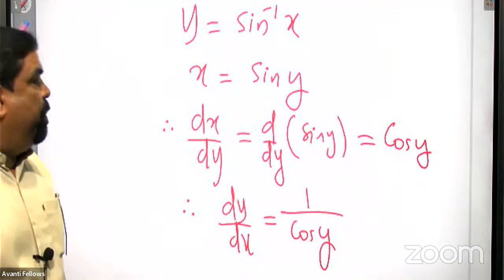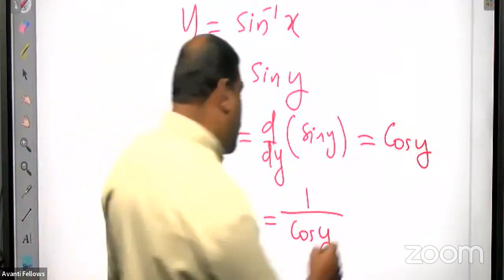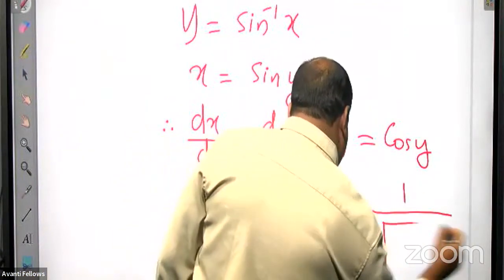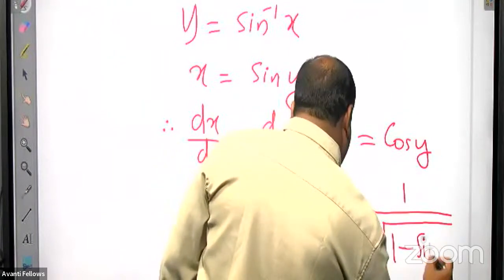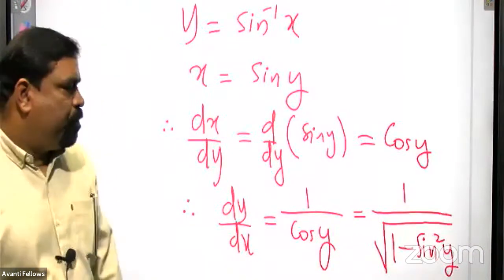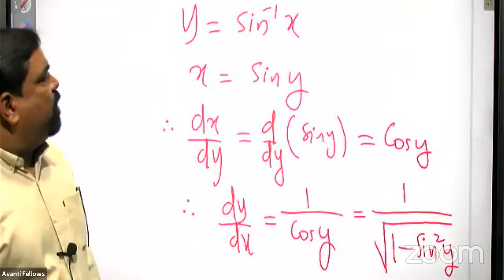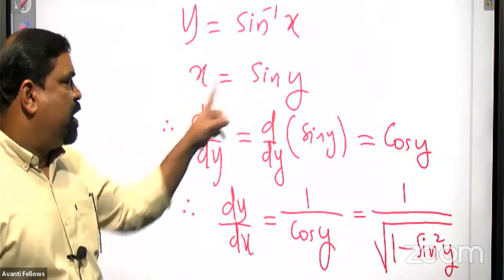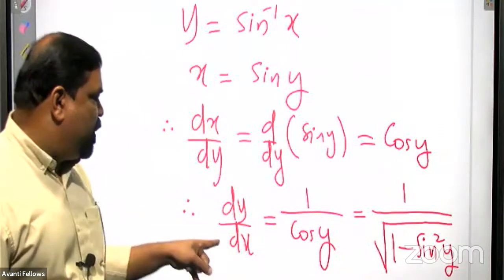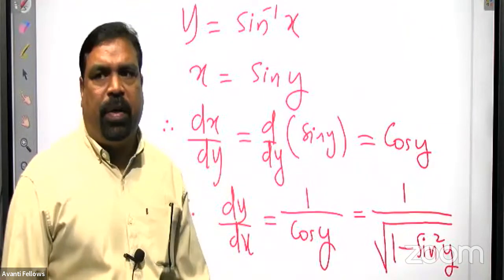But the answer should be in terms of x only. So we have to bring back the result in terms of x. For that we can write this cos y as root of 1 minus sine square y. Now what is sine y? Sine y is x. So sine square y means x square. So you will get dy by dx equal to 1 by root of 1 minus x square.